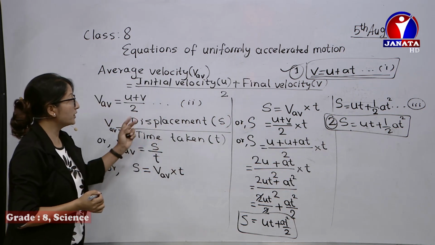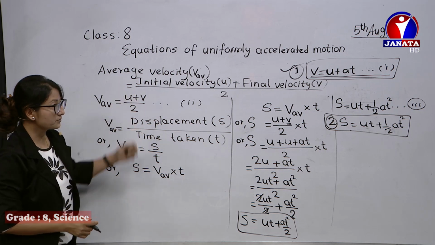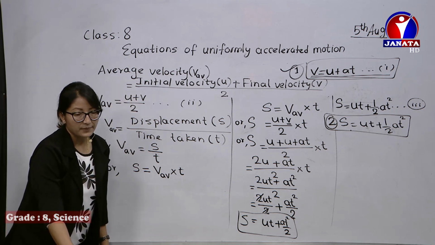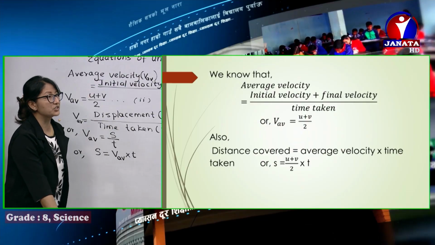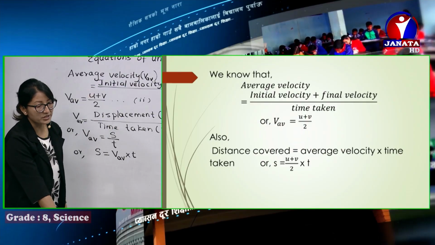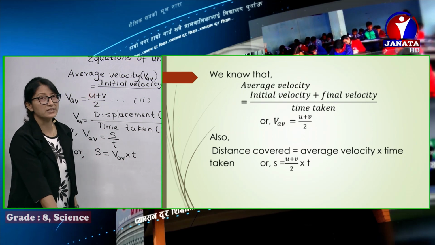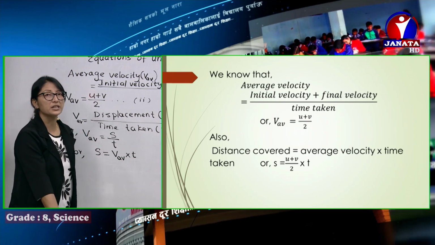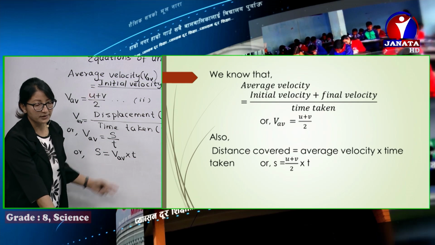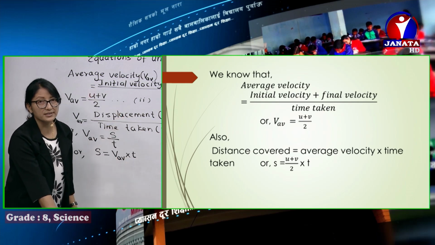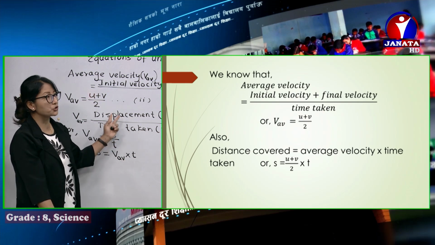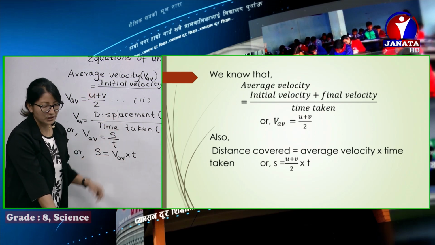If you need, you can check the slides once again. We know that average velocity is initial velocity plus final velocity over two. As I've already said, average velocity is simply the arithmetic mean of the initial and final velocity. And distance covered is average velocity into time taken: S is equal to u plus v over 2 into t.